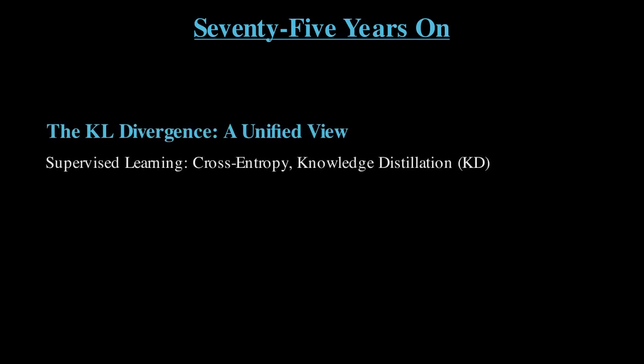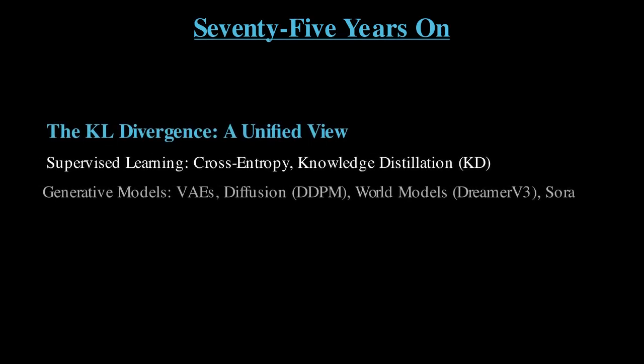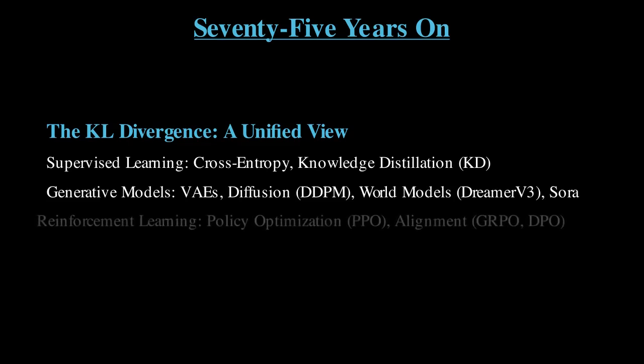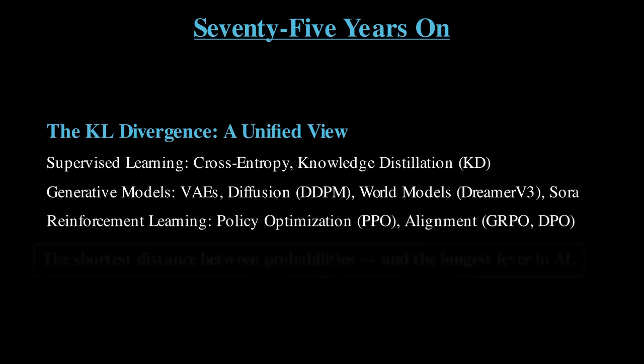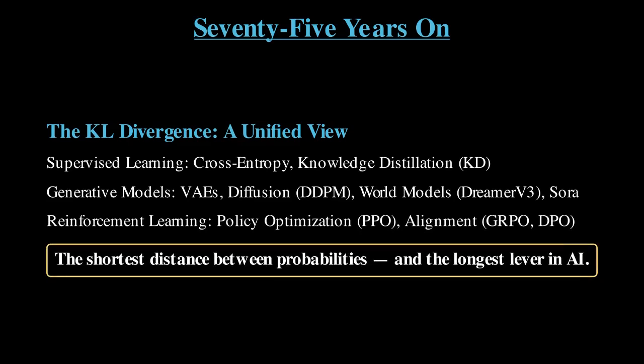Let's recap the KL divergence's journey. Classifier cross-entropy is a KL divergence. VAEs use reverse KL to regularize the latent space. Hinton's knowledge distillation transfers knowledge via KL on soft targets. The DDPM variational lower bound is a sum of KLs, one for each reverse step. In RL, PPO's KL penalty acts as a trust region leash.